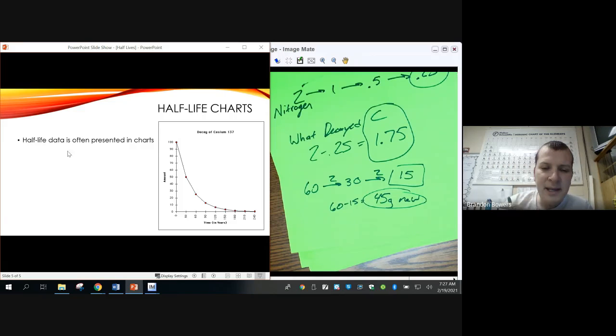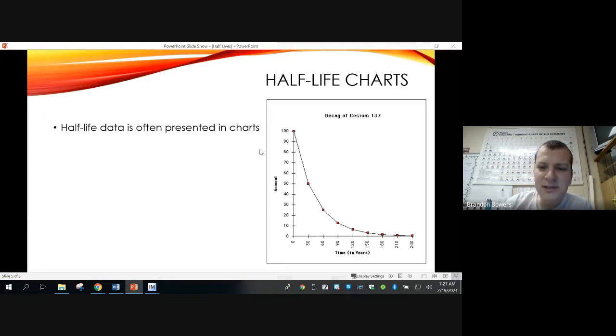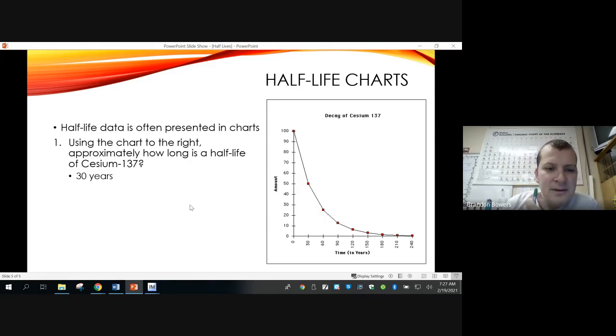One last thing is to view a chart. If you start with 100% and you go down to 50, that's half of it. How long did that take to get down to 50? You have to see the distance from here to here. 0 to 30 years. So that's your answer, 30 years.